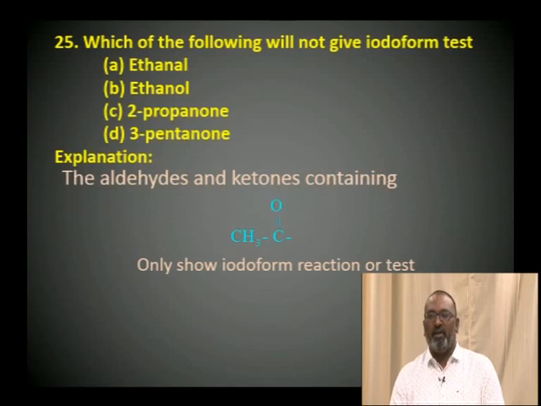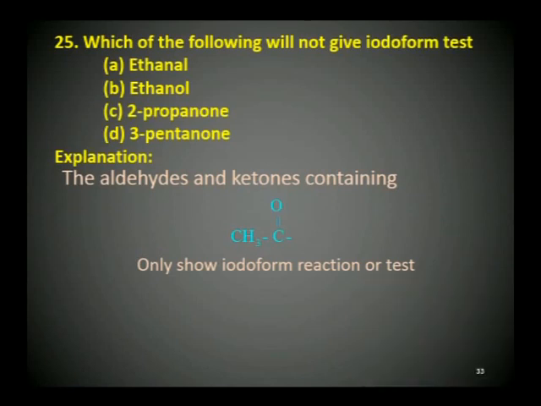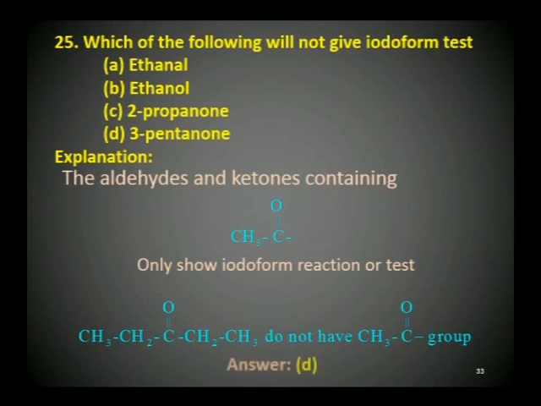If the compounds do not have the CH3CO group, they will not show the iodoform reaction. So, CH3CH2COCH2CH3, that is 3-pentanone, does not have a CH3CO group. So, the answer is D.